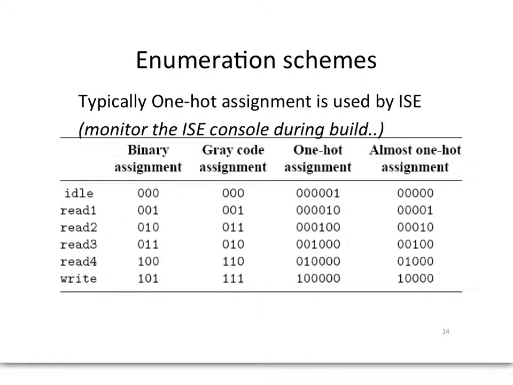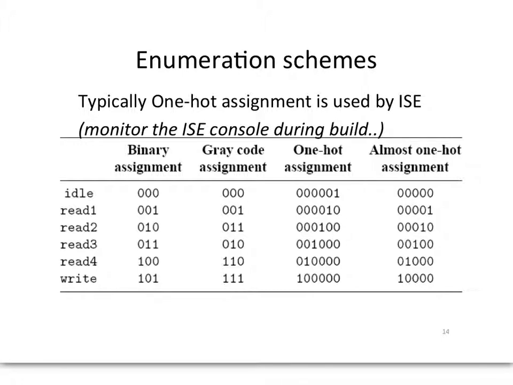You might come across different enumeration schemes when we talk about how state names are translated into bit values. They typically pop up in the ISE console once you press synthesize your design or press implement. There are a couple of different ways this can be done, with binary assignment, gray code assignment, one-hot assignment, or something called almost one-hot assignment.